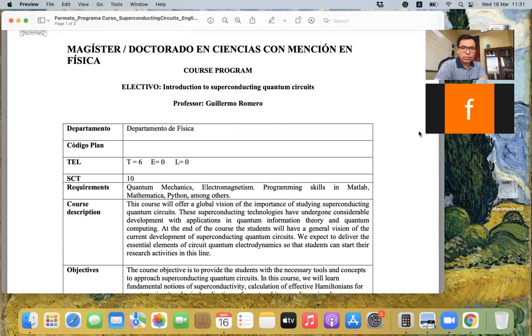That will be important, because then we will be able to implement quantum gates, essentially. In general, as I mentioned in the description, I will provide some basic tools to really understand how to deal with superconducting circuits.